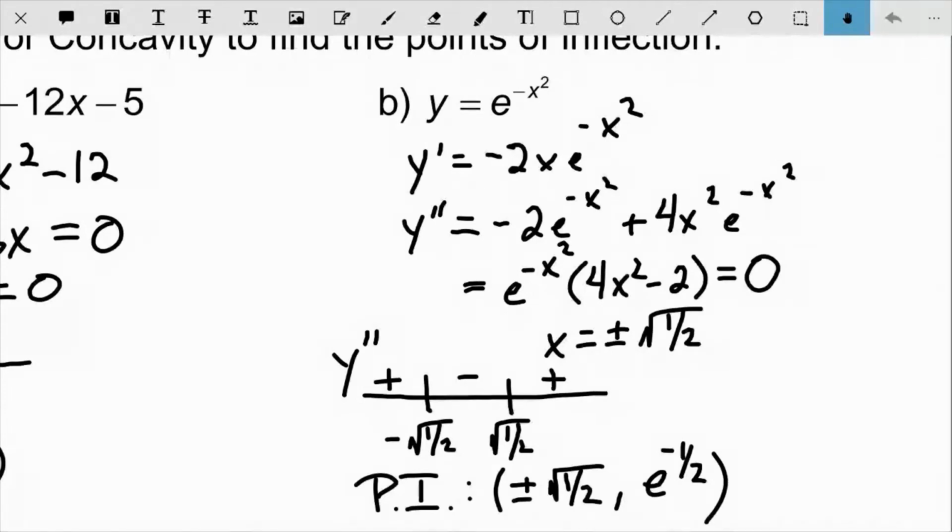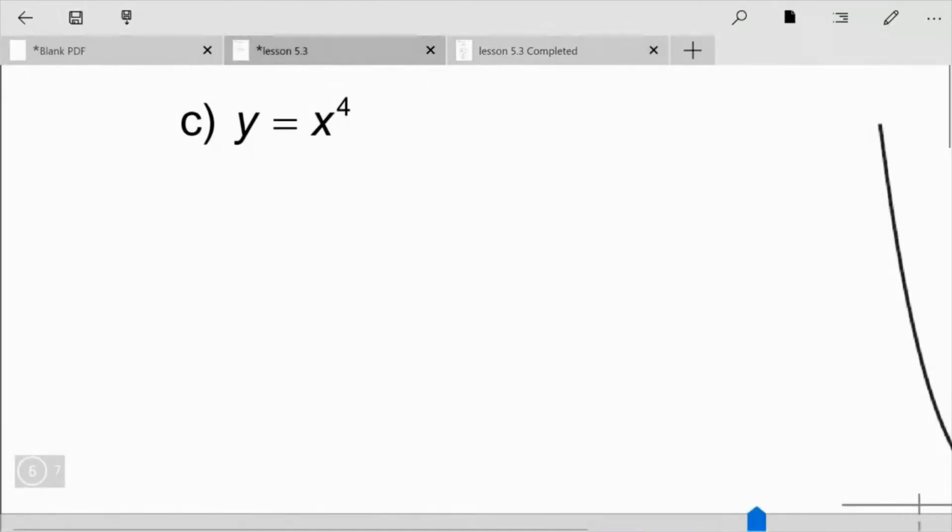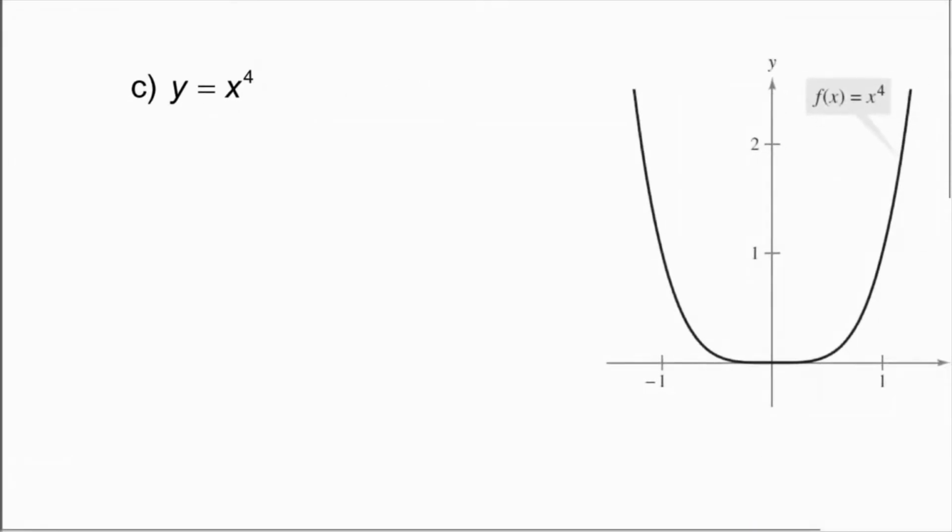Okay, so one thing I want to point out here really quickly when we're looking at points of inflection, this is a problem that I put in here because I want to make sure that people are really clear that you have to either take multiplicity into account or you have to do a sign chart. So I've got y is equal to x to the 4th, and I'm trying to find points of inflection.